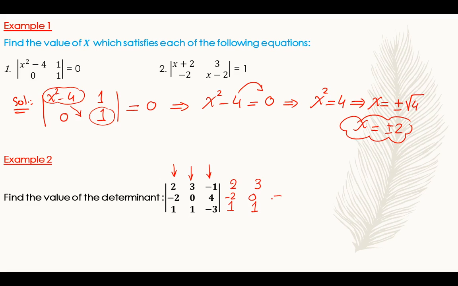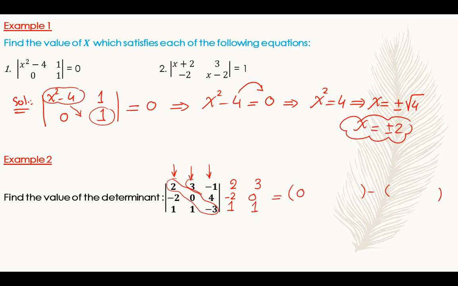To find the value of the determinant, you are going to multiply the elements of the diagonals. Here 2 times 0 times negative 3. We will write bracket minus bracket.